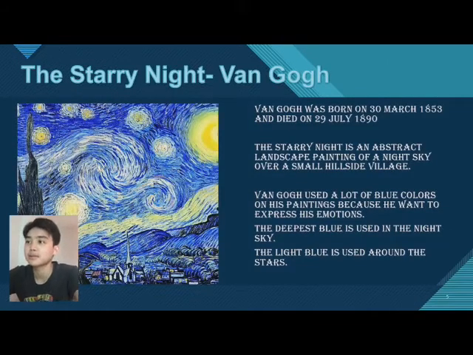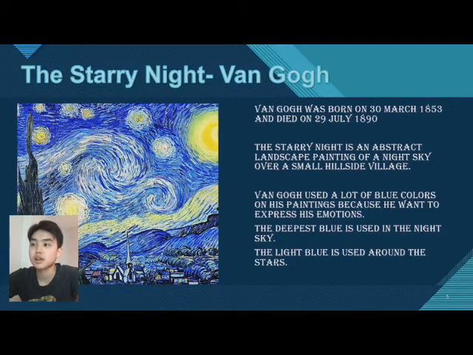For my picture landscape, I choose The Starry Night of Van Gogh. Van Gogh was born on 30 March 1853 and died on 29 July 1890. The Starry Night is an abstract landscape painting of a night sky over a small hillside village.